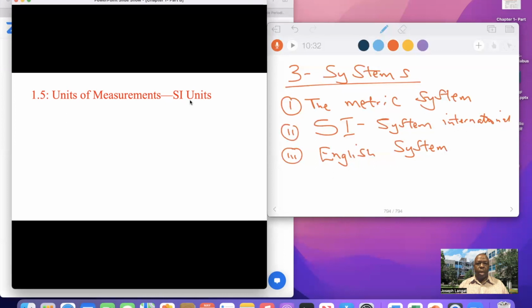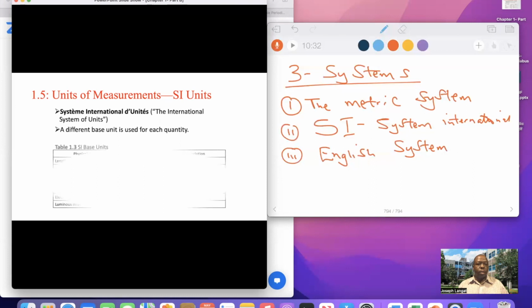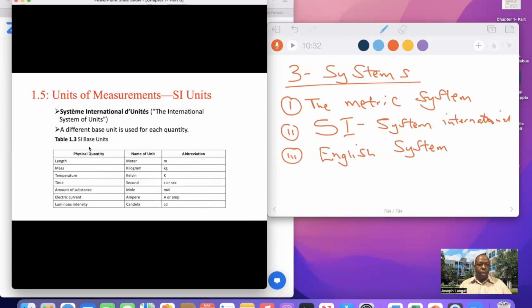When you see SI unit, it stands for system international. There are seven base units used in the SI. You should know the base units in the system international in comparison to the metric.